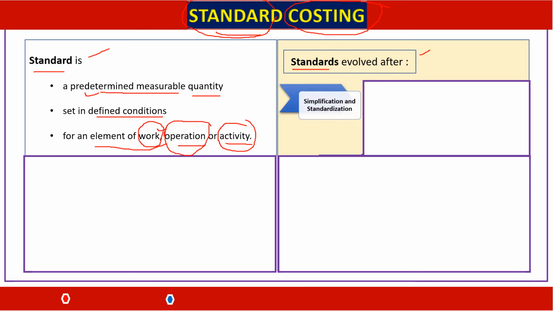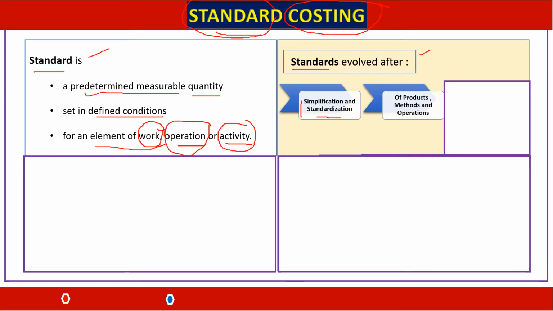And what they normally do is, standards are evolved after a detailed study and after ensuring that the process is simplified, the process is standardized, there is no taking of chances. And it can be pertaining to simplification and standardization of products, methods, and operations so that it is accepted as an achievable benchmark by those who are involved as a part of their work profile.